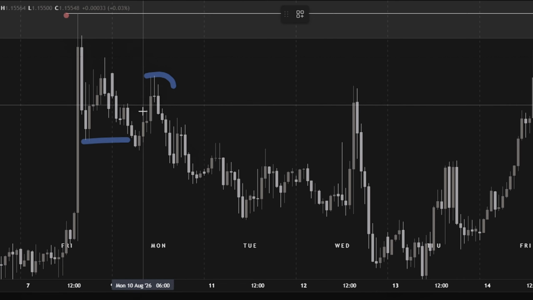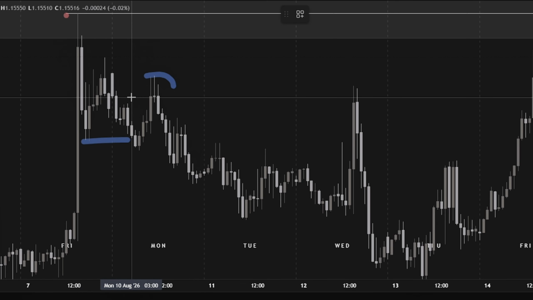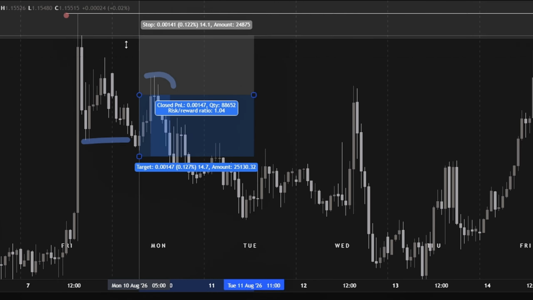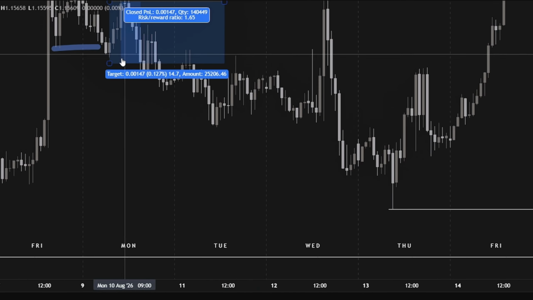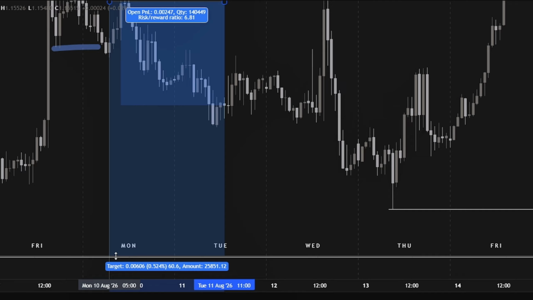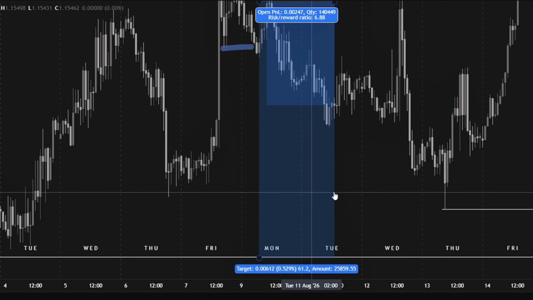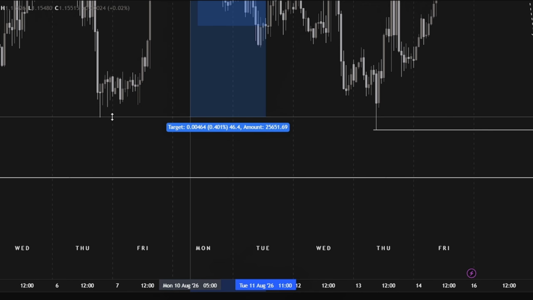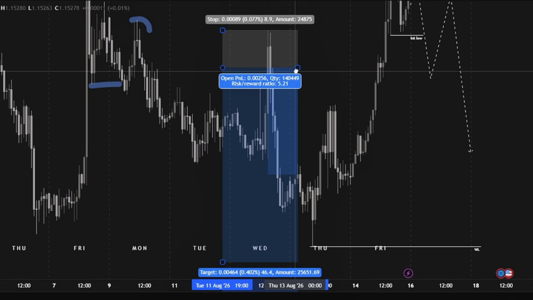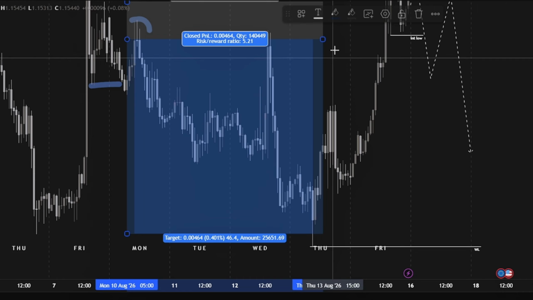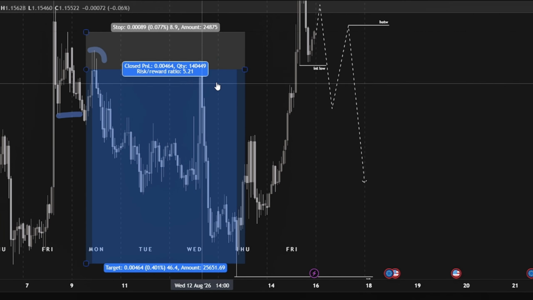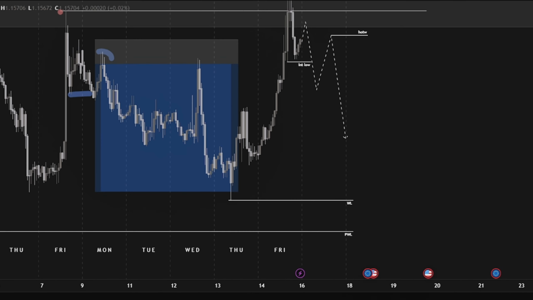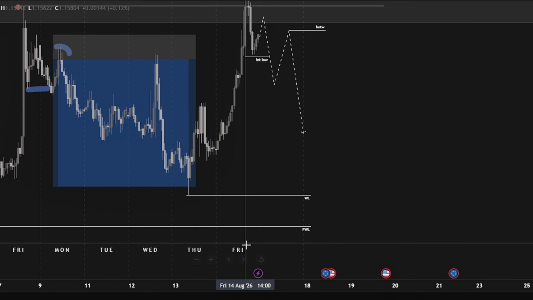You could have entered either within this area, or within this area like this, and you could have targeted that level, or you could have even targeted these lows. It depends what you were trying to get out. We came up again on Wednesday for CPI, and then we shot lower, but this is what I mean. I was expecting price to carry on lower.